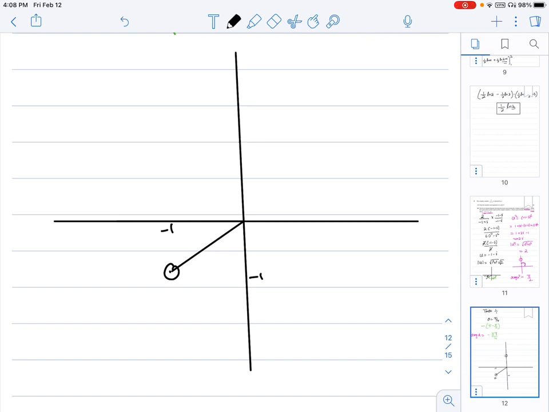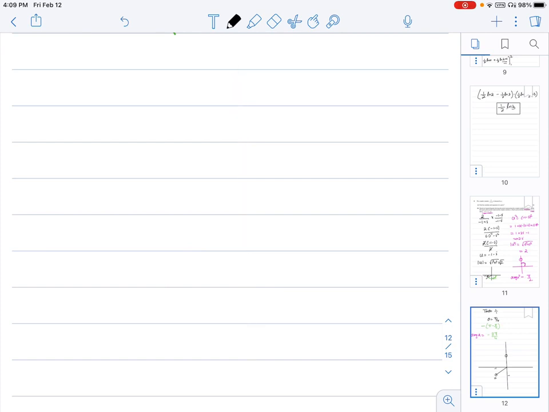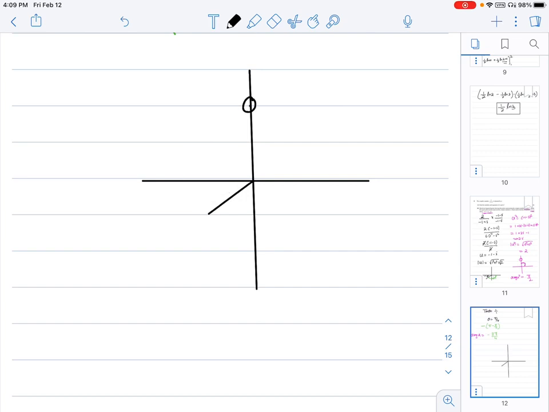So what I do exactly to make it much more meaningful, and this is 2. This is u, minus 1.